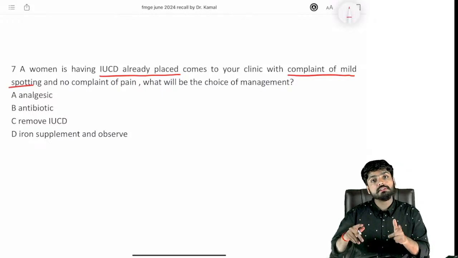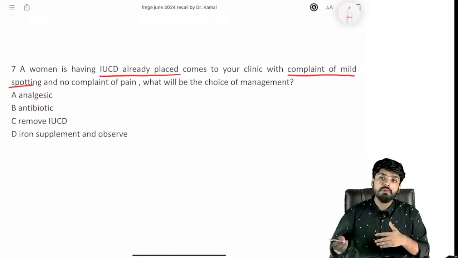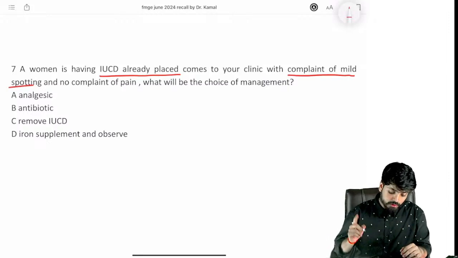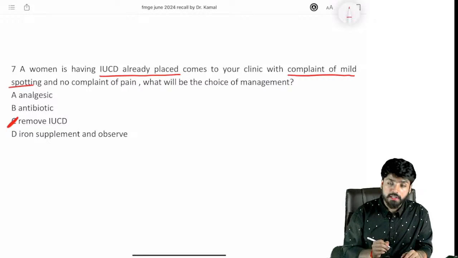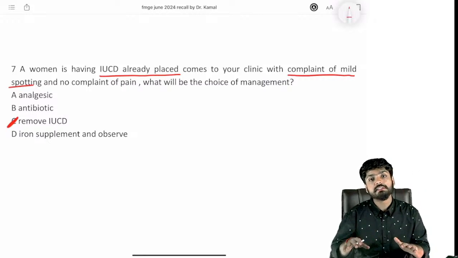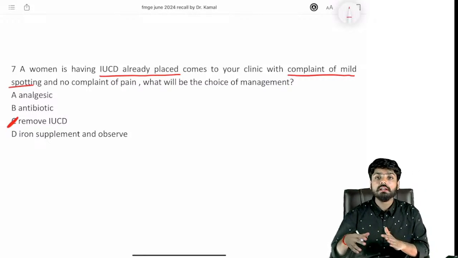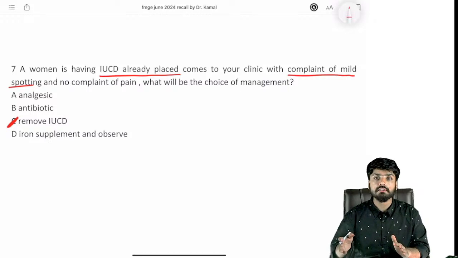But also in case of spotting, we still have to take care of that, and we have to remove the IUCD and let the symptoms subside, because maybe if we reassure the patient and send her home, maybe the bleeding will increase, any kind of infection is taking place. So main thing we have to take care of here is remove the IUCD, let the bleeding subside, check for any kind of other cause for bleeding if there. If not, if the patient is completely fine, then we can reinsert the IUCD.